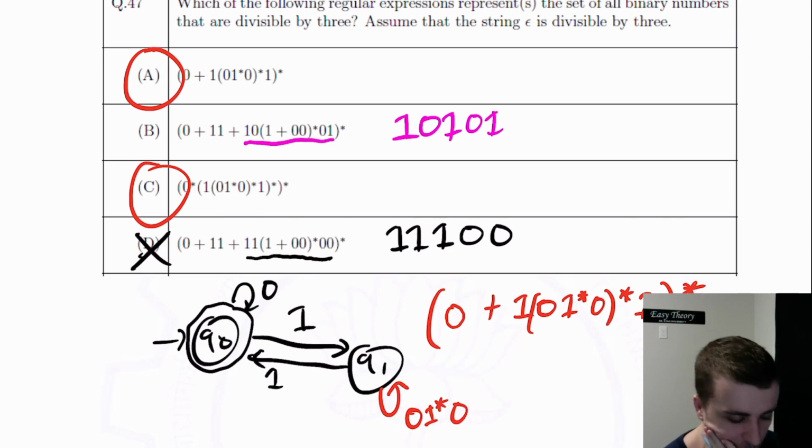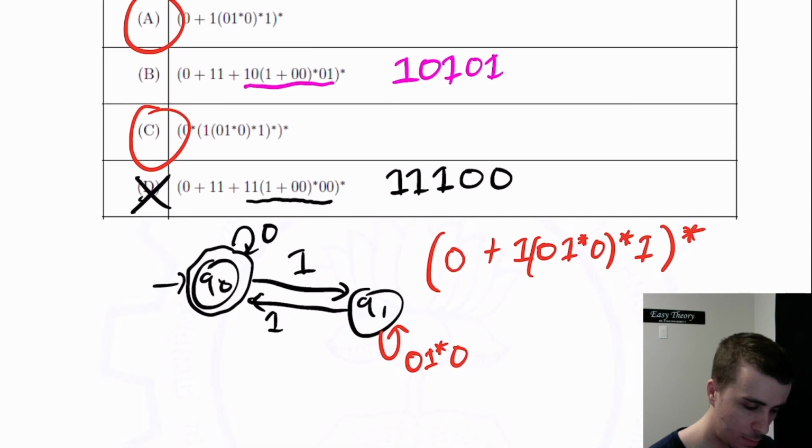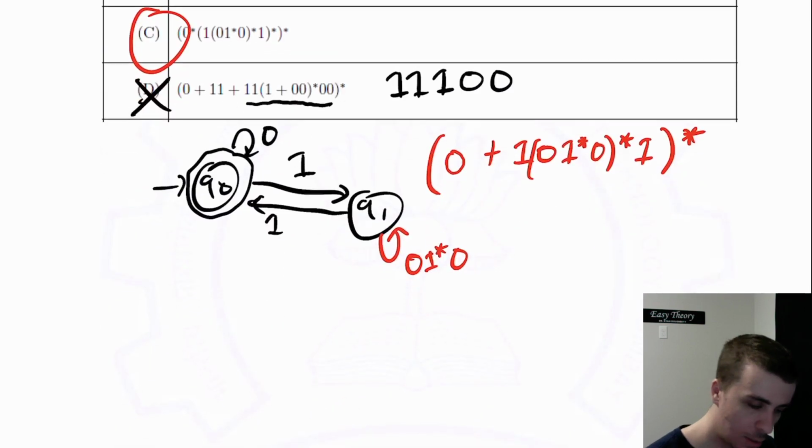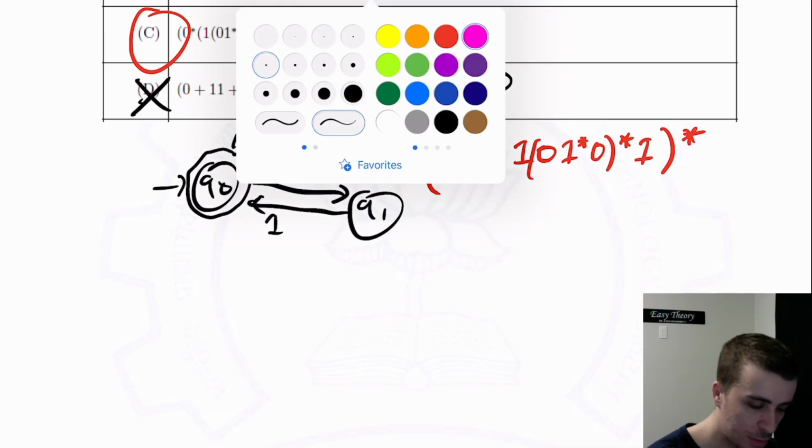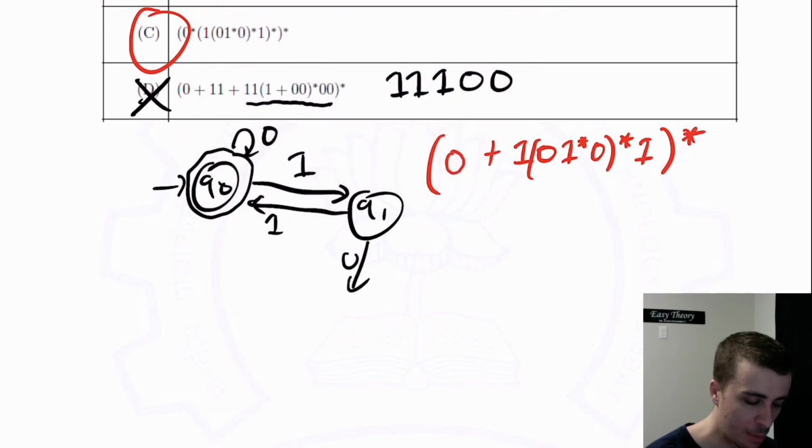I have an inkling that this is going to work. Is there something from the picture? Maybe let's go back to the DFA, that might help. And let's blow it back up to what it had before. So this is what we had before.